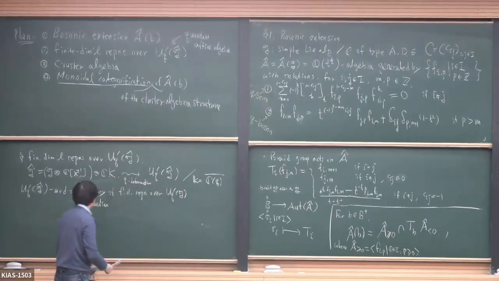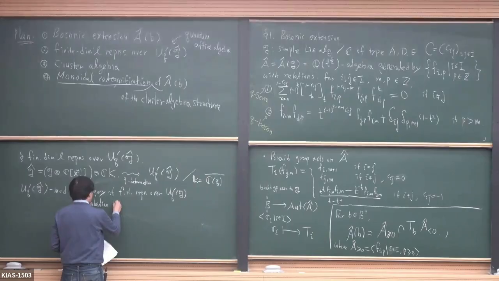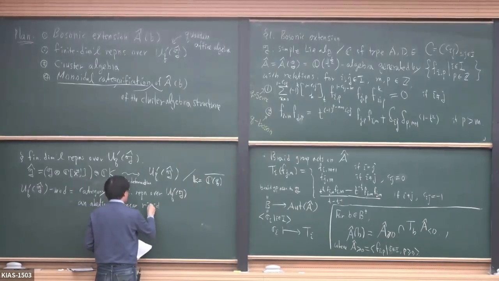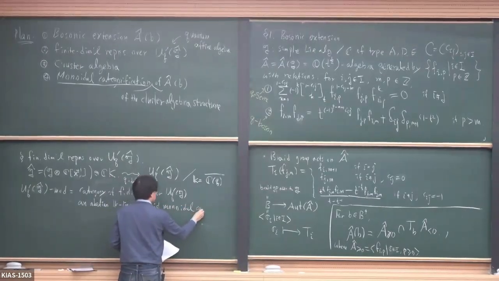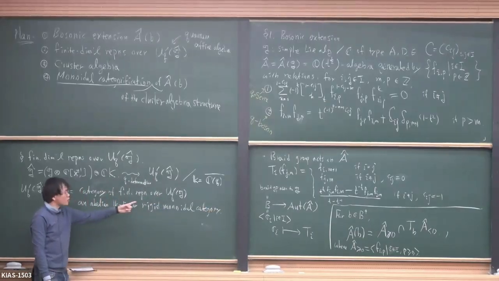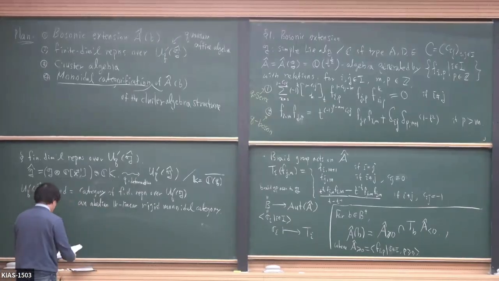This is not a very significant condition. So this is an abelian K-linear rigid monoidal category, because it's a Hopf algebra, so we have a K-linear monoidal and rigid category.